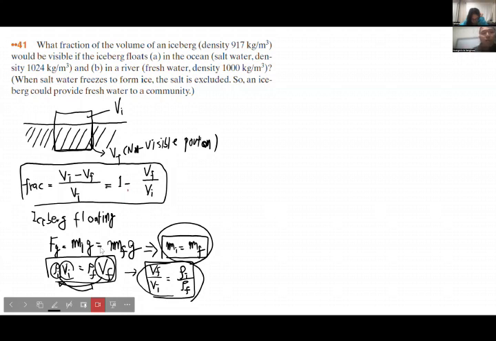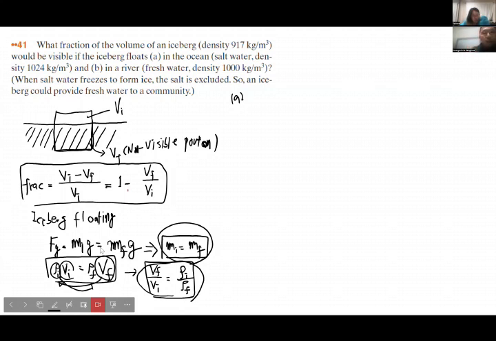So for part A, what fraction of volume of the iceberg would be visible if the iceberg floats in the ocean, salty water? So the density is slightly higher than pure water.